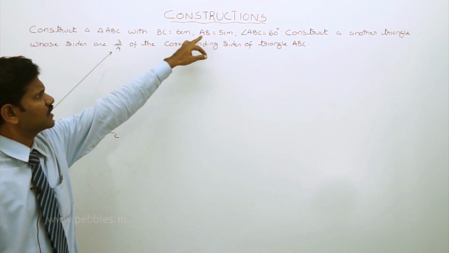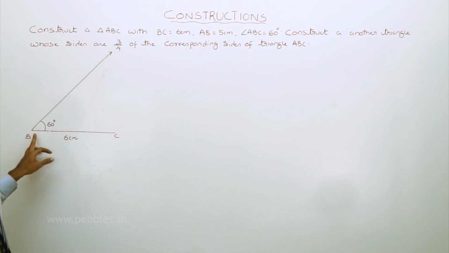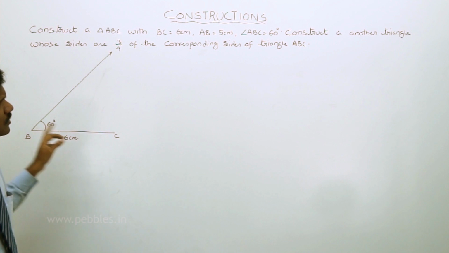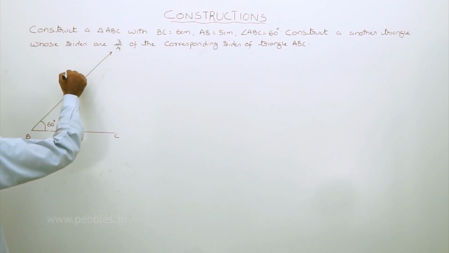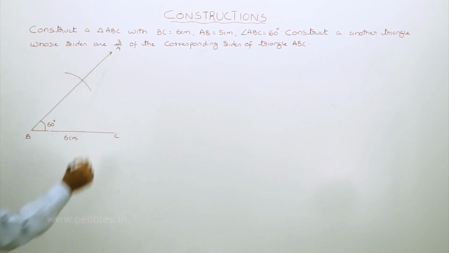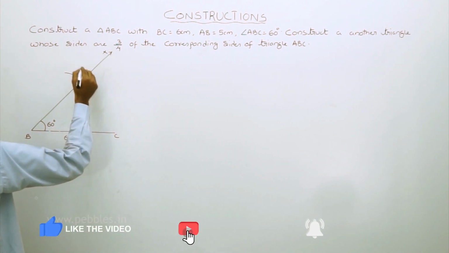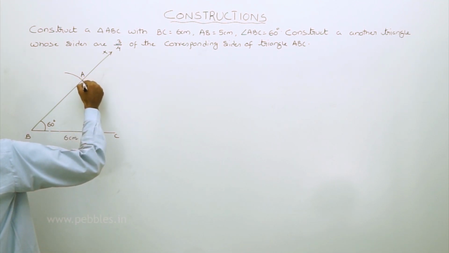Taking B as the center with radius 5 centimeters, draw an arc on BX at A. Now join AC.